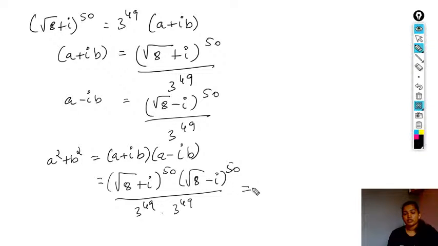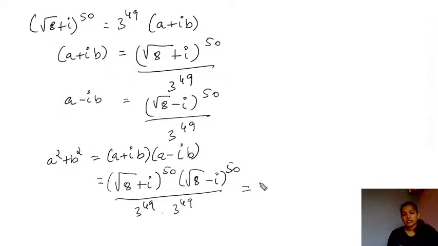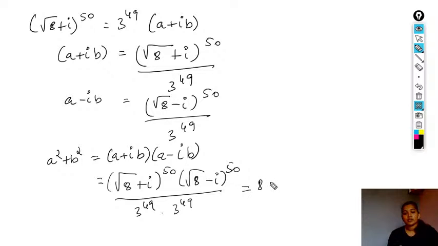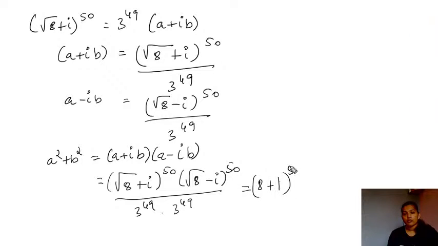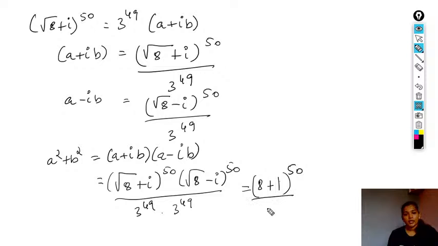So this will be nothing but root of 8 the whole square, that is 8, plus minus iota the whole square, that is plus 1, raised to the power 50 divided by 3 raised to the power 98. 8 plus 1 is 9. 9 raised to the power 50 divided by 3 raised to the power 98. 9 is nothing but 3 square.